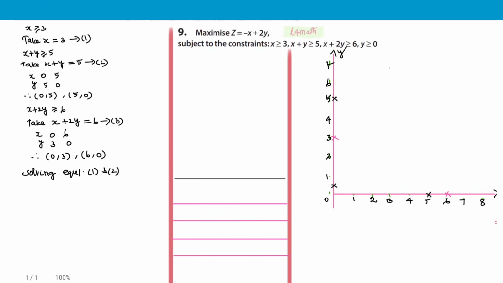So 3 plus y equal to 5. So what is y value? y value is equal to 5 minus 3. That is y value equal to 2. Therefore, point of intersection is 3, 2. x value is 3 and y value is 2.